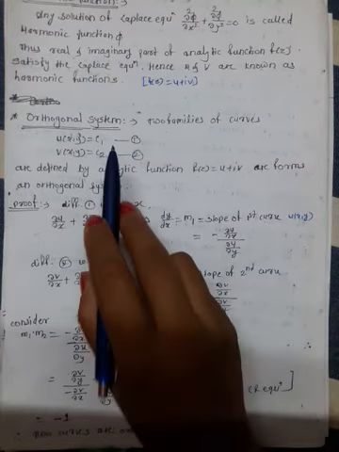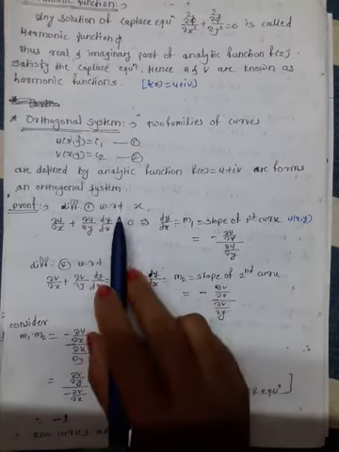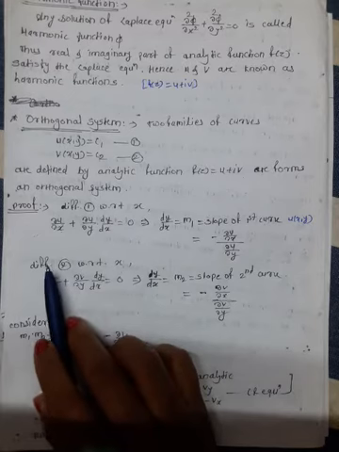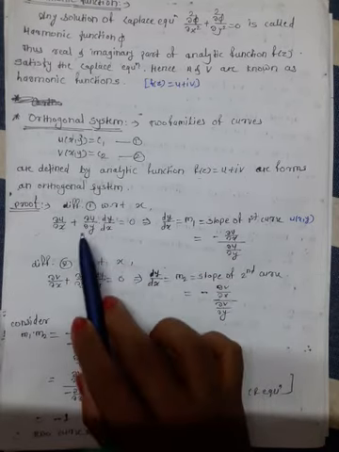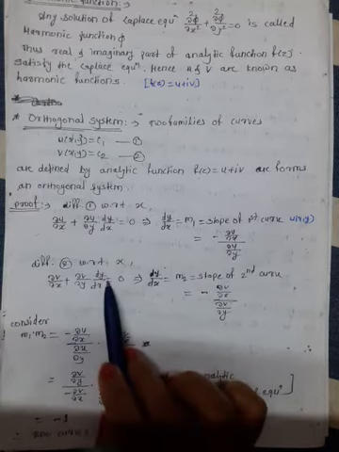Now we have to find the slope of the other curve. In the similar manner, differentiate equation 2 with respect to x. What do we get? Same way, just replace u by v everywhere.